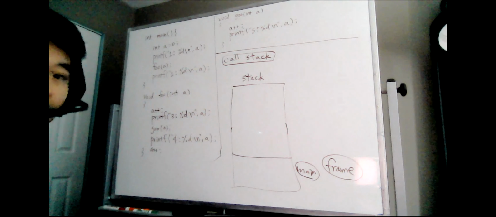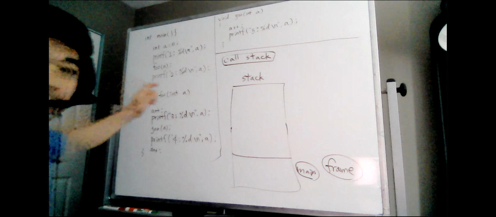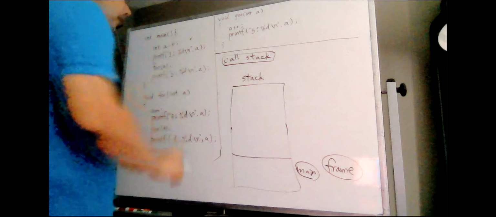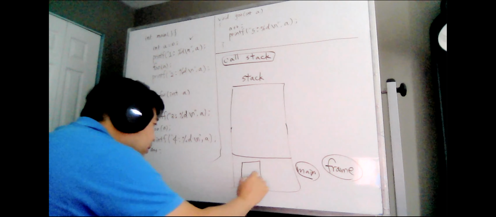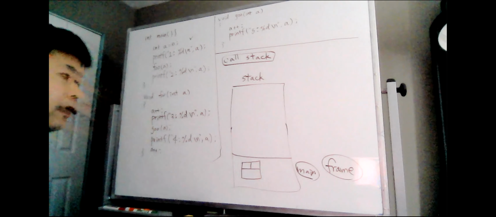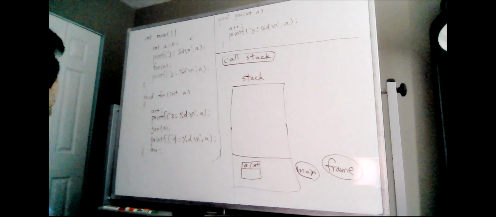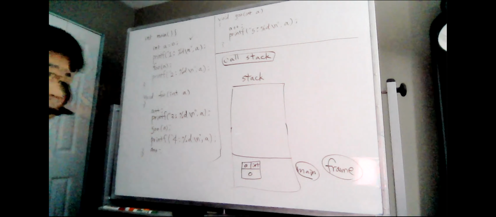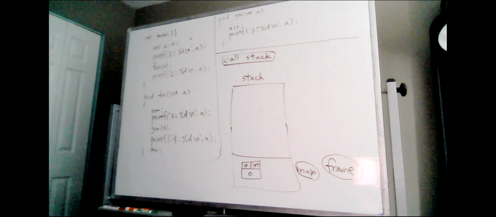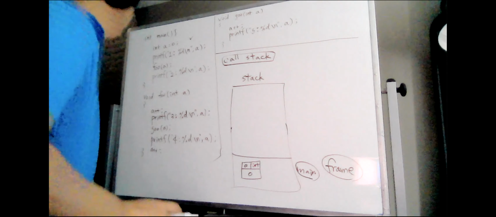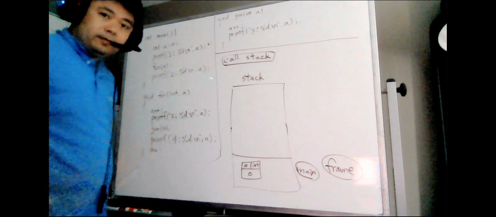What resides in it? The variables you created. In the main function's stack frame, a local variable A, which is integer type, is stored.